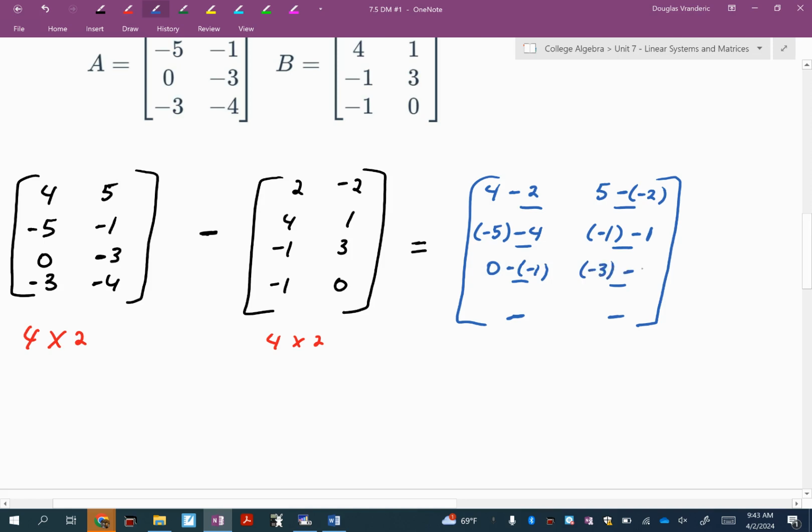Negative 3 minus 3. Negative 3 minus negative 1. And negative 4 minus 0. If you're having trouble, please let me know. This is a little bit tougher. There's a lot more numbers going on. I think subtraction will be a little bit more challenging.